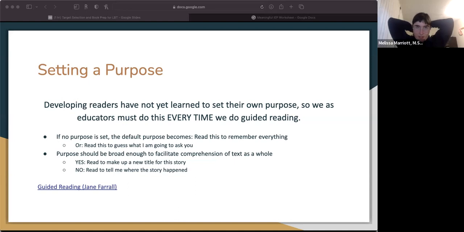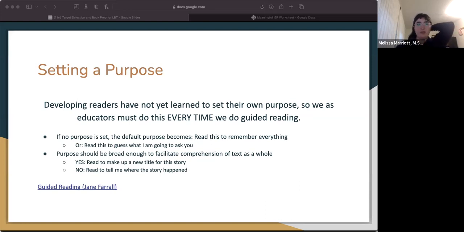It should be sufficiently broad to encourage attention and participation to the entire book. If I say our purpose for reading is to find out who the main character is, and then the main character is introduced on the first page, well, what's the incentive to listen to the rest of the story, right? My students already have the answer to the question. Maybe they can answer the question before I even open the book because the main character is right there on the cover.